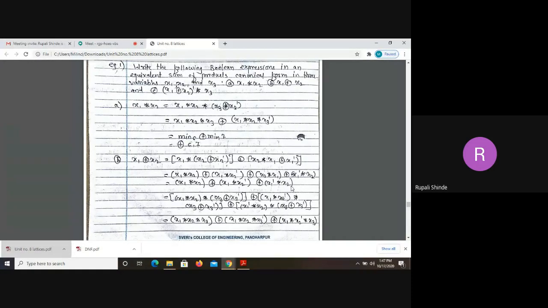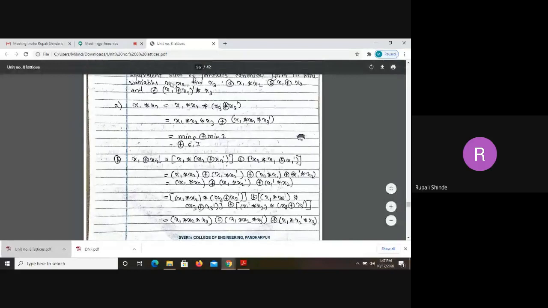Again, check here. All the time we have to check that your sequence of variables must be x1, x2, x3. That's why I have arranged all these terms in the same format. Now, again we have to check which term is missing for each and every bracket. Because in the question they have asked there are three variables x1, x2 and x3.